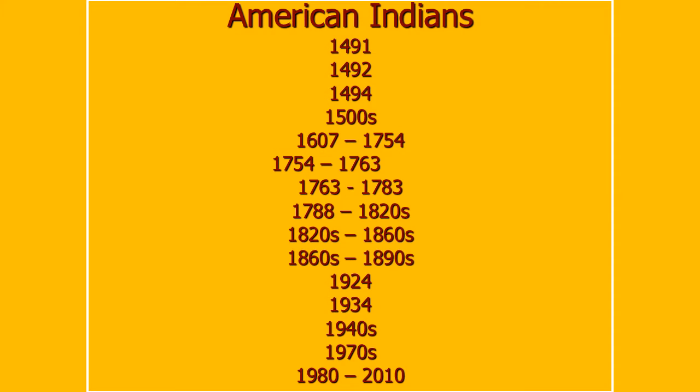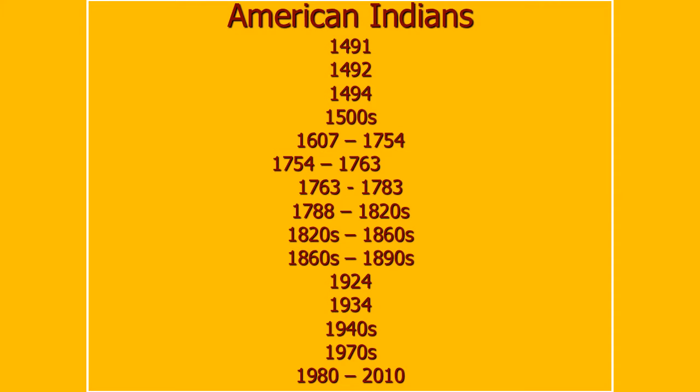By 1750, the population had dropped to about 1.5 million. They have returned though to about 4 to 7 million. The last time I looked at it, I think it was around 6 million American Indians in the United States.